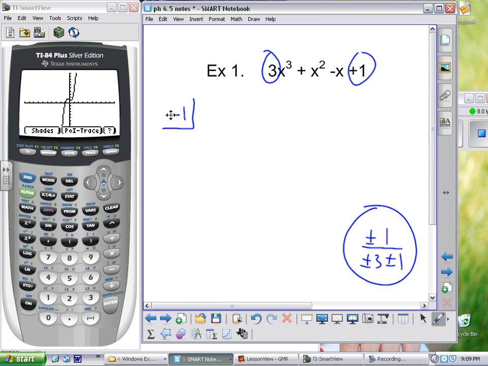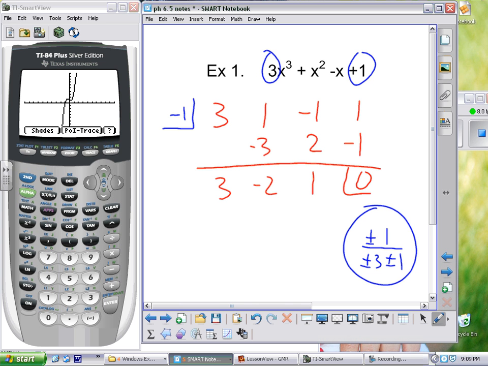So we do synthetic division, just like old times, and I put a 3 here. X squared is a 1, minus 1, and 1. We do our synthetic division, and we get 3, -2, 1, and then the remainder is 0, right?